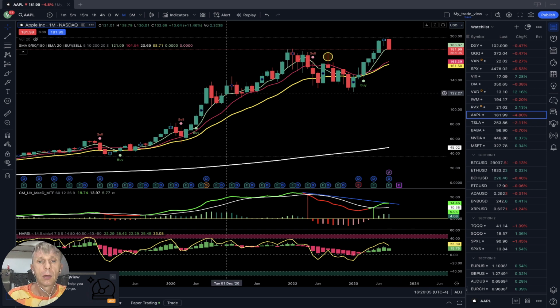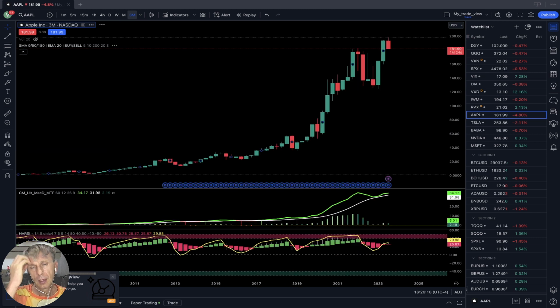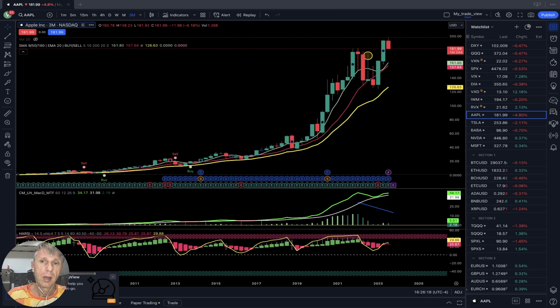And let's see quarterly. Still bullish, right? Disconnected from MA5, 10 and 20. Quarterly, last bar from the all-time high, still disconnected from MA5, 10 and 20.